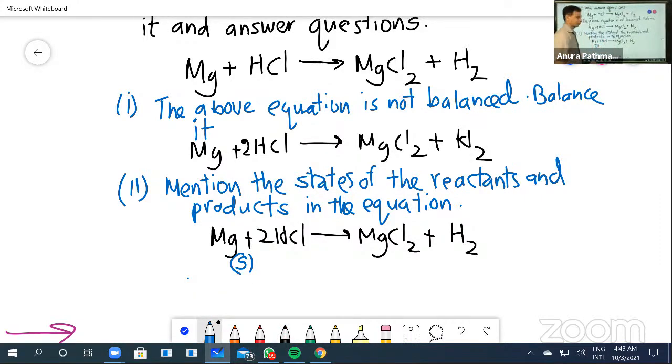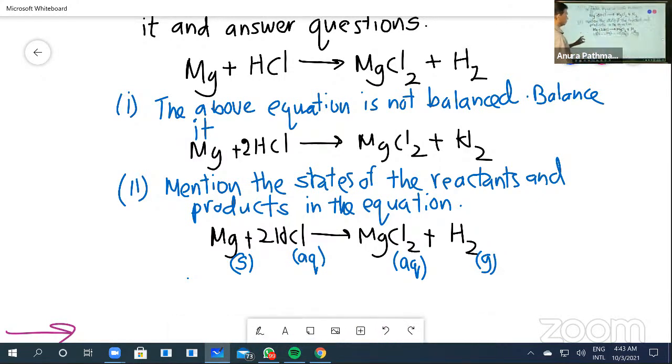Hydrochloric acid, what should I write here? Aqueous, AQ, because it is a solution mixed up with water. Magnesium chloride is also aqueous. Magnesium chloride, aqueous, hydrogen gas.